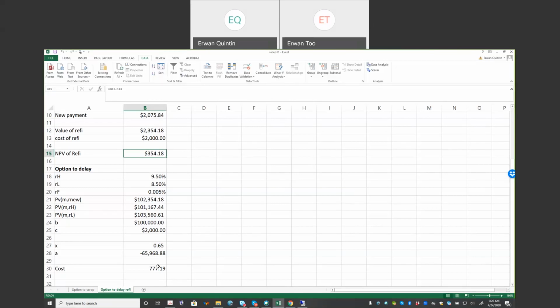So refinancing is an example of an American call option, because I can exercise today, I can exercise tomorrow, all the way until the bond goes away. I can do it whenever I want. So all we just verified here is that the early exercise theorem is true for American call options.